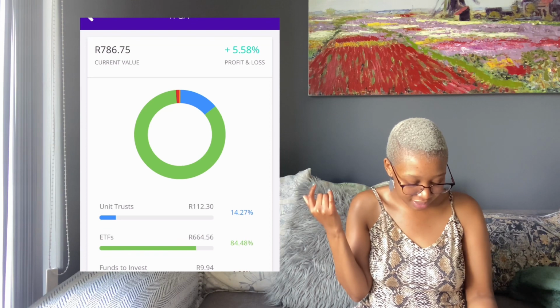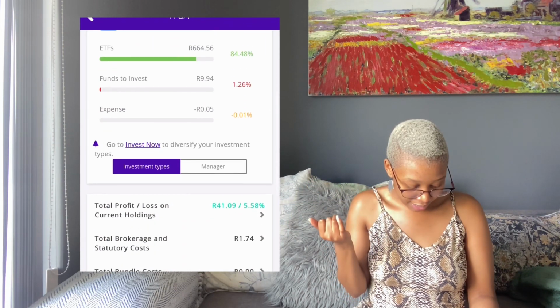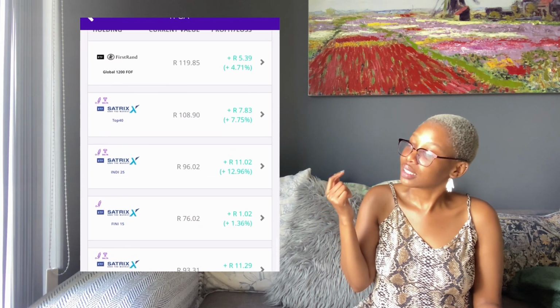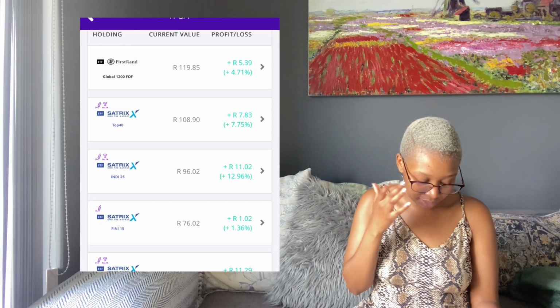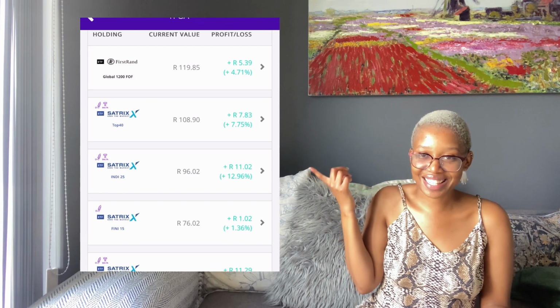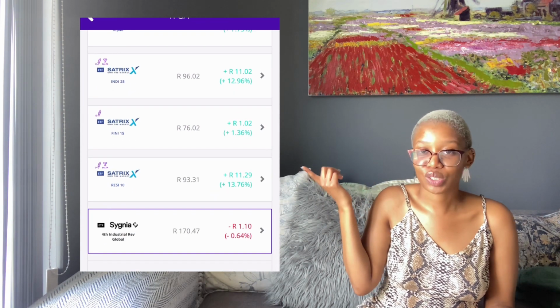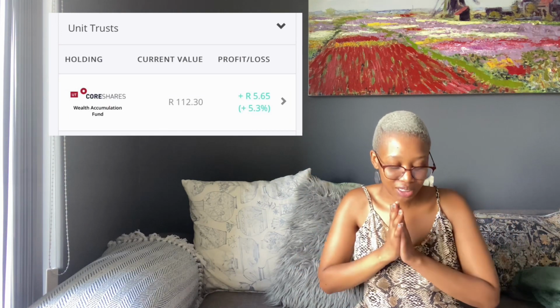So my TFSA account has the FirstRand Global. It has the Satrix Top 40. It has the Indi 25 and the Fini 15, as well as the Resi 10. And then I also have the Sygnia Fourth Industrial Revolution. And then I have the Core Shares with the wealth accumulation.